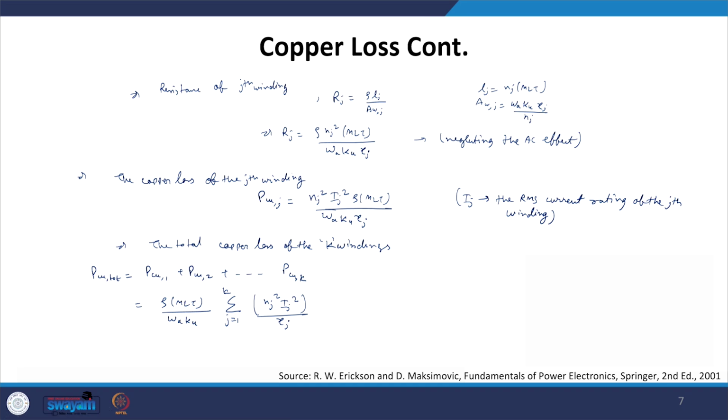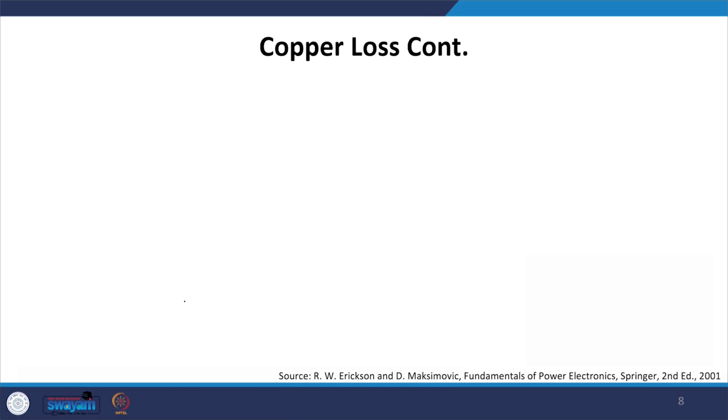And this particular expression we can then write as PCU total equals rho MLT divided by WA Ku, and we can now write our Nj to be nothing but the turns ratio between the jth winding and the first winding, or you can say the primary winding, multiplied by the number of turns in the primary winding.